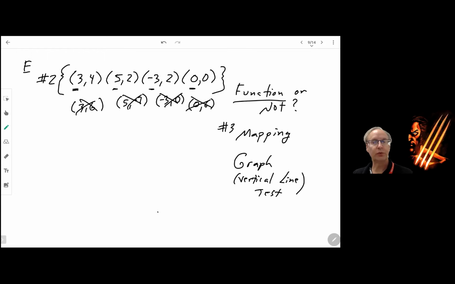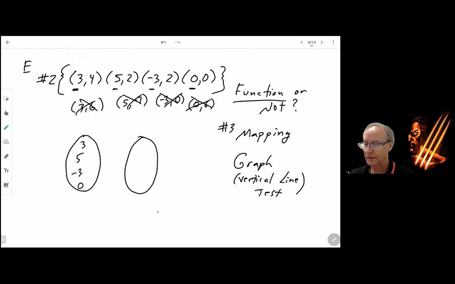Any one of those points would have made it not a function because I would have had another x with the same value and gotten a different y value out. The mapping for this says that we take all of our x's, our 3, our 5, our -3, and our 0, and we map them into the y values. This, by the way, is called the domain, and this is called the range, all these values in there.